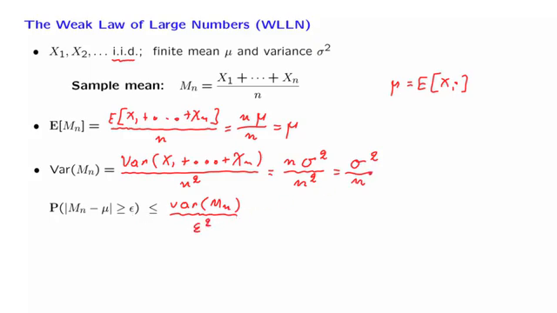We have already calculated the variance, and so this quantity is sigma squared over n times epsilon squared. And now, if we consider epsilon as a fixed number and let n go to infinity, then what we obtain is a limiting value of 0.